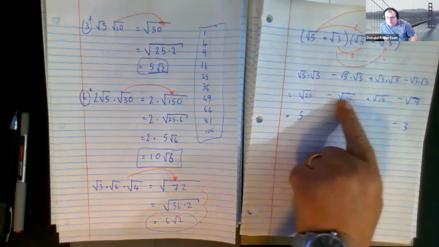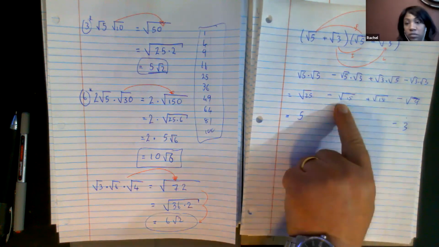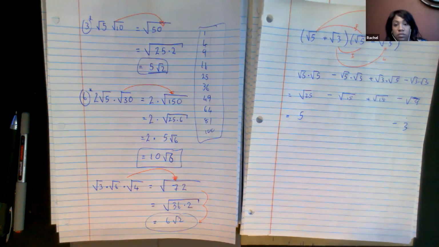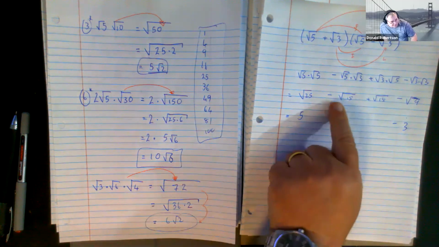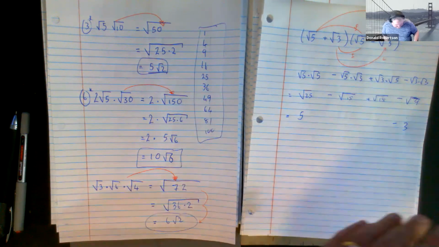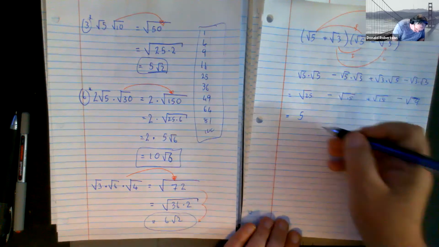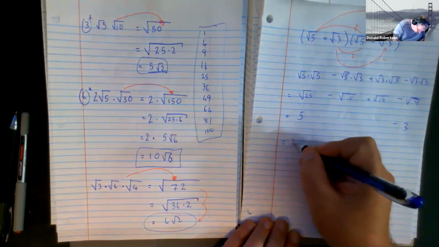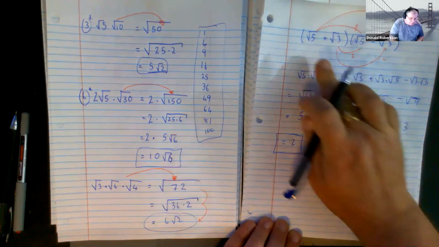Is there anything else nice going on? Look at these two guys. Would those two cancel out? Totally. A negative square root of 15 plus a square root of 15. It's like negative 2 plus 2, right? They cancel. So all we've got is 5, take away 3, and there's an amazing answer. That thing there is worth 2.